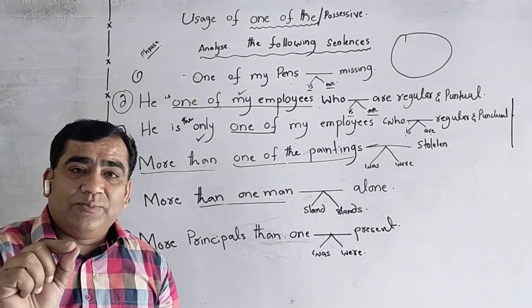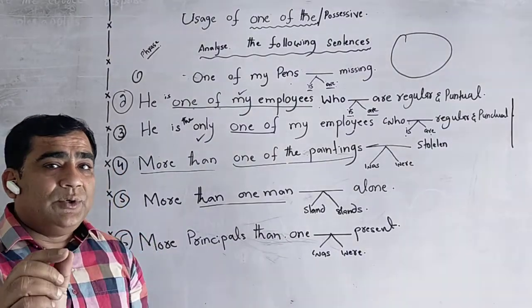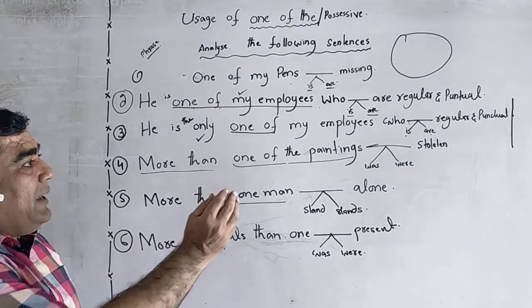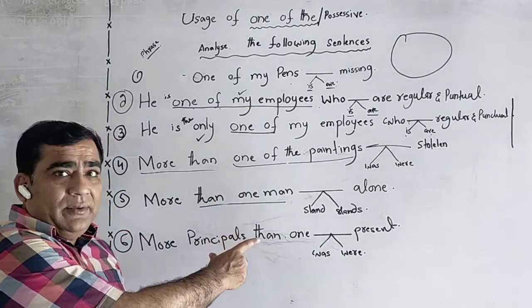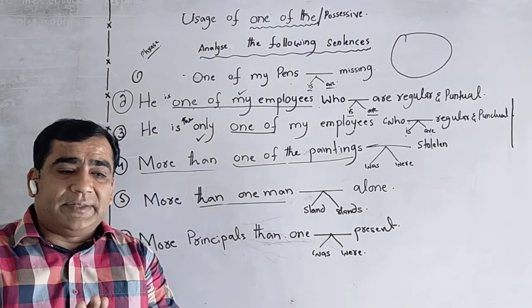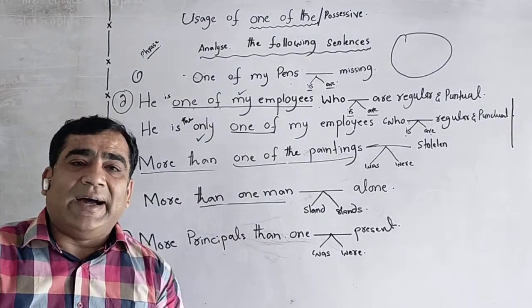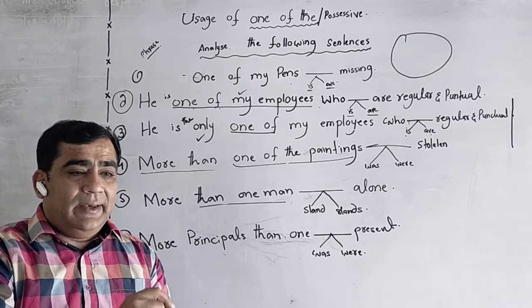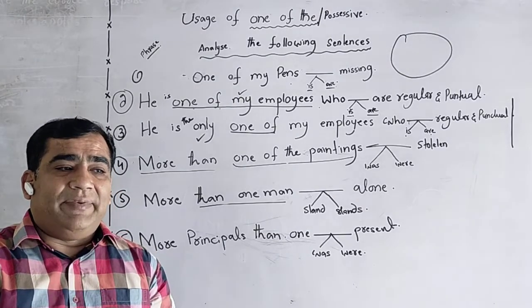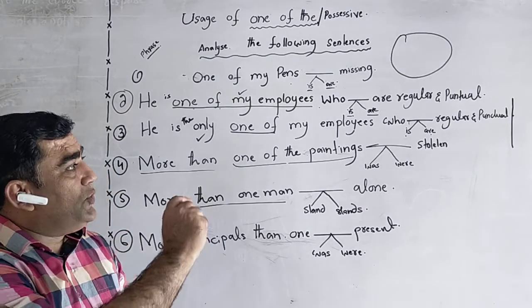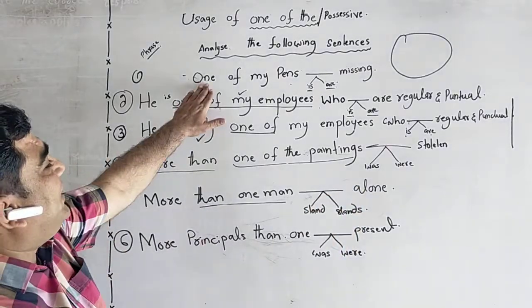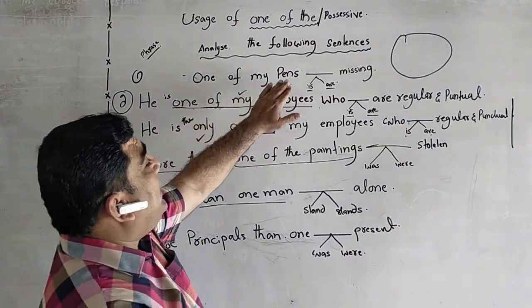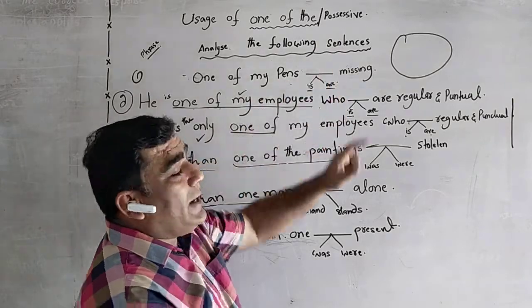What will you do? You have to take a screenshot of the board and then pause your lecture for a while, and whatever you have taken a screenshot of, you have to attempt to write the full sentences. If the sentence is "one of my pens", you have to make the blanks.